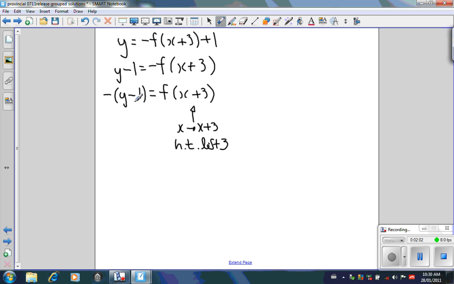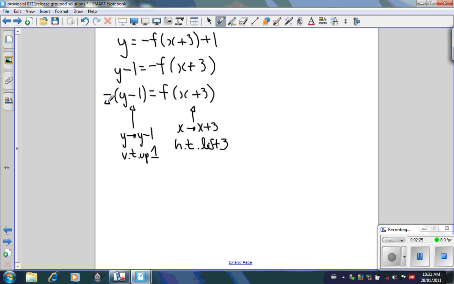I'm going to go over here. First one I see is this one over here, and y has been replaced with y minus 1, and as we recall, that's a vertical translation, in this case up 1.